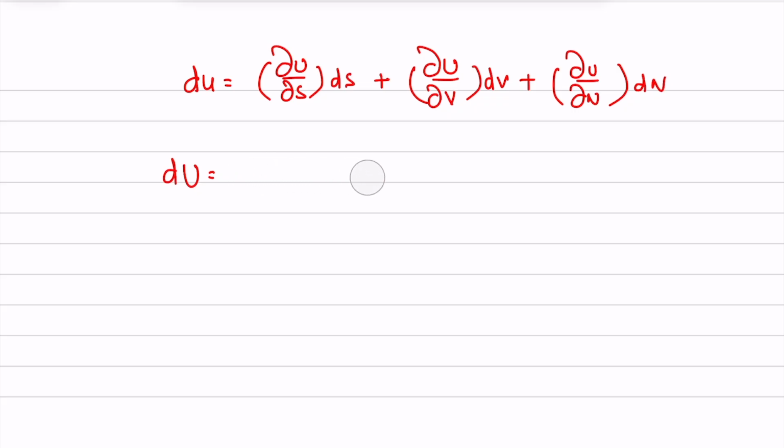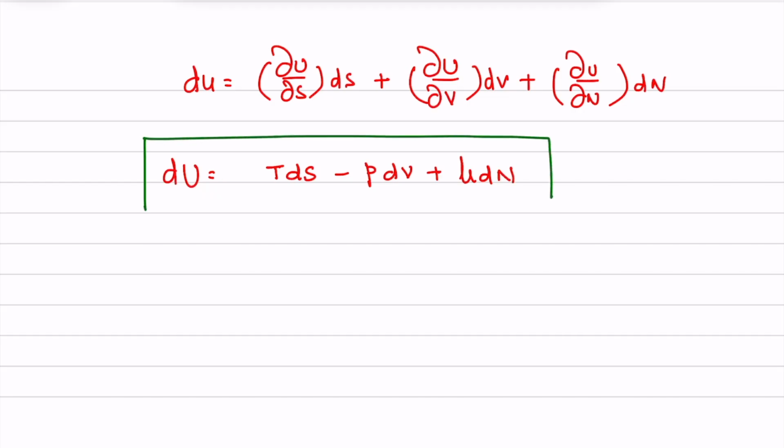That means this can be written as T dS minus P dV plus mu dN. This is the final meaning of the fundamental equation of thermodynamics.